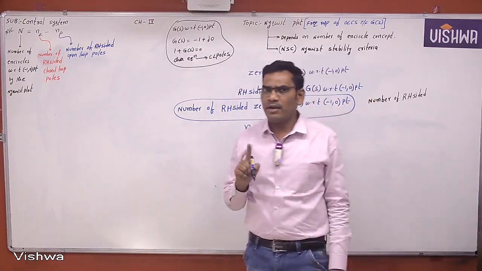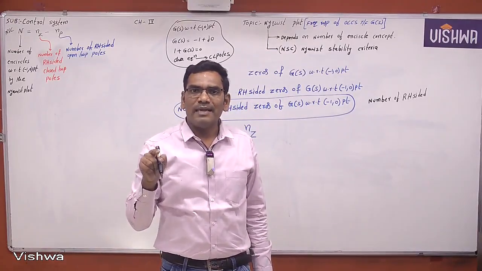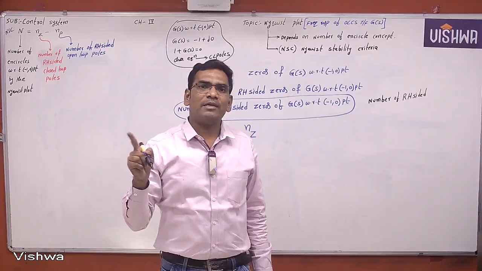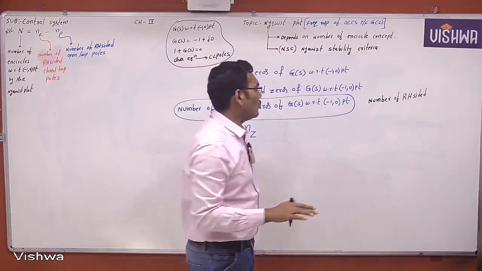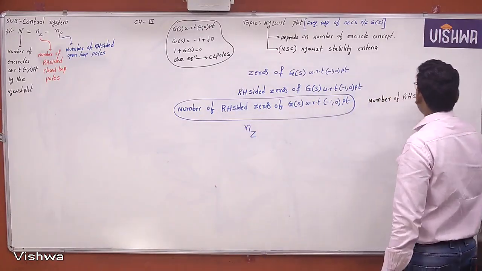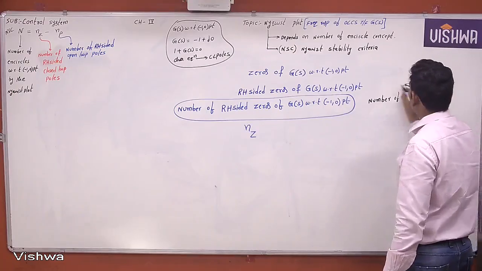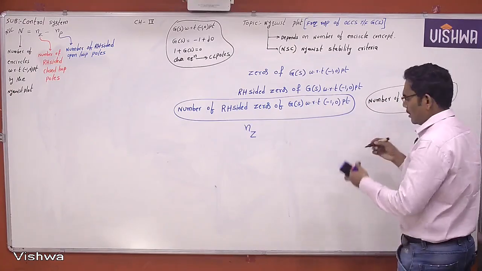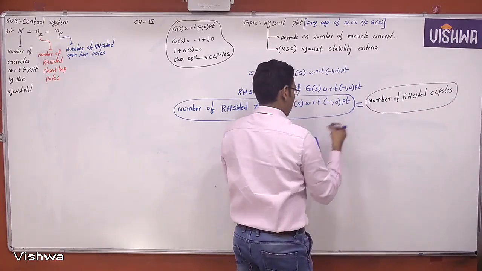Listen to one point very carefully. Whenever the open loop control system is discussed with respect to the -1, 0 point, it is not an open loop, it is 100% closed loop. Number of right-hand sided, that's why this is nothing but closed loop poles. Now these two are exactly the same.